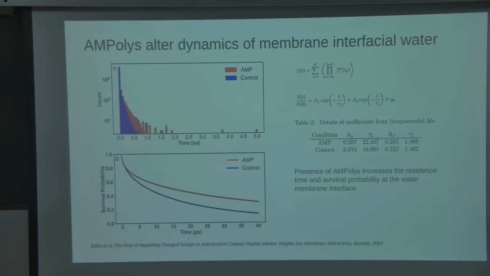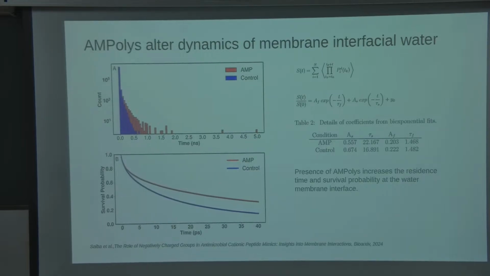The way we define the interfacial water is that we first look at the g(r) of the water molecules compared to the lipid surface, and we classify water within some 3.5 angstroms of the average membrane height to be interfacial water.